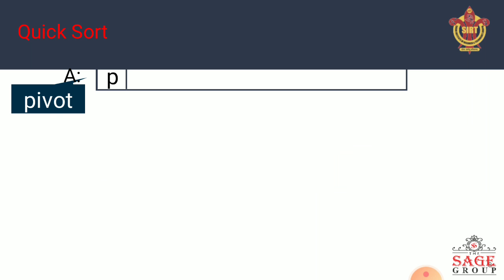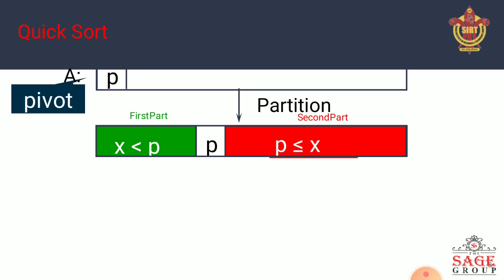Now, how does quick sort work? We can see it with the help of this diagram. An array is given, and we generally select the first position as the pivot position. When we apply the partition algorithm on this array, in the first part are all the elements lesser than the pivot, and in the second part are those greater than or equal to the pivot.